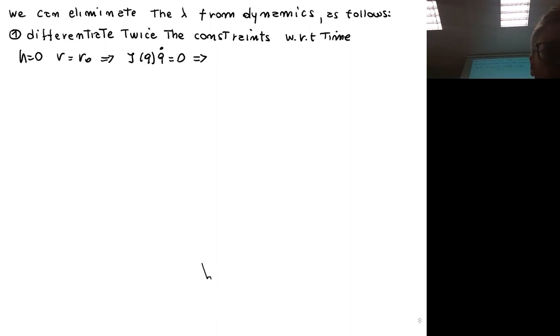And if we differentiate another time with respect to time, we get J q double dot plus J dot q dot, as a function of q dot.